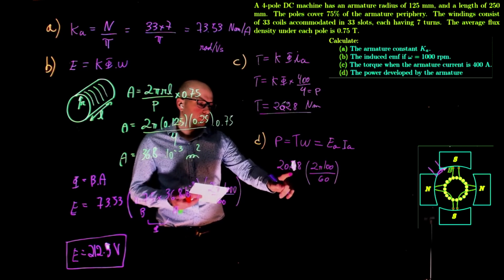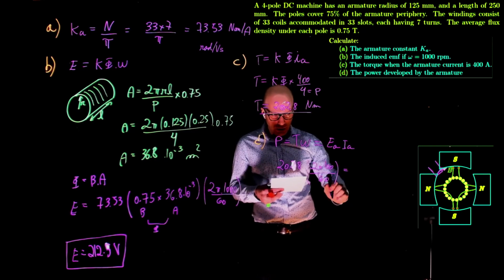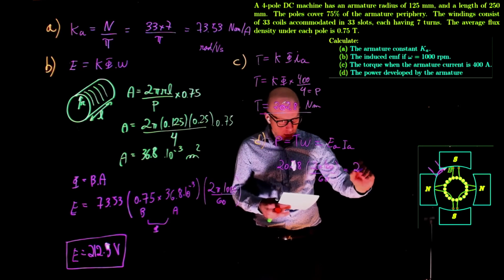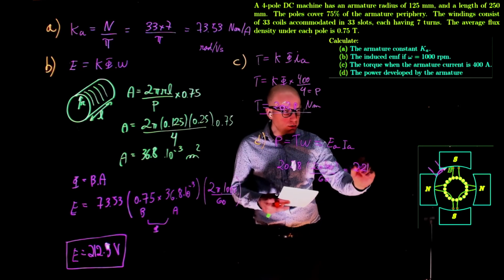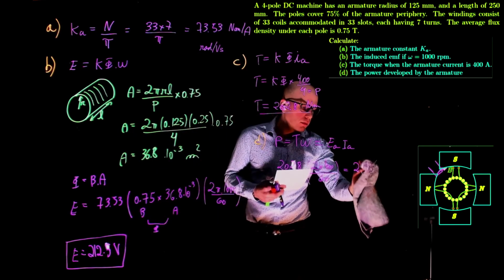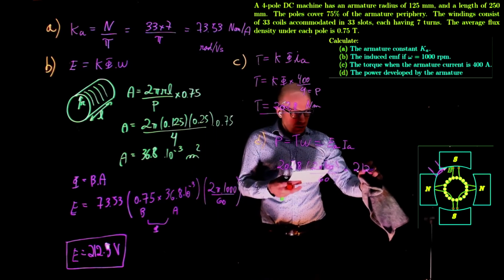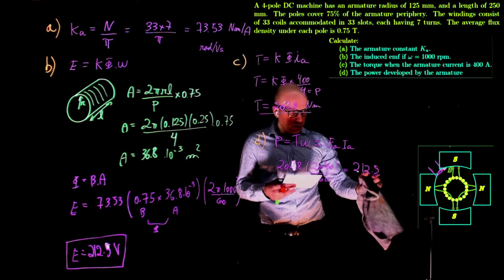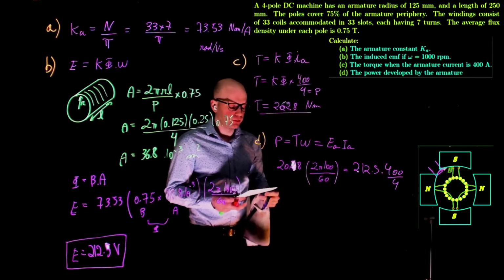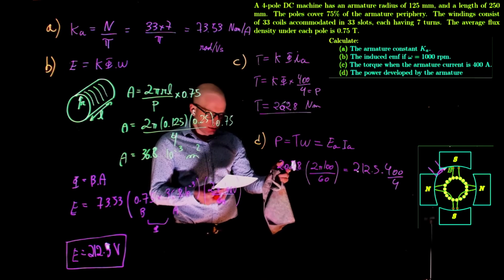This is torque, and this is the speed, which should be equal to the EMF calculated before, 212.5, times the current, 400 divided by 4. Can somebody calculate this for me, please?